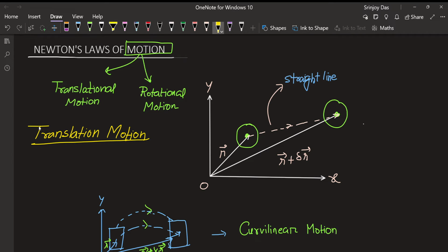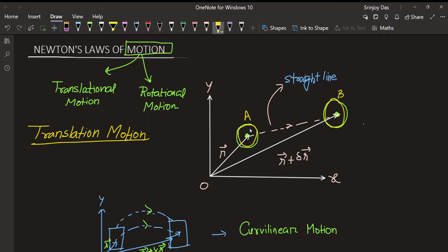So first, we start with the translation motion. Translation motion is when a body is moving in a straight path. Here you can see this is an object, object A, and this is object B, and it is moving in a straight line, with the y-axis and x-axis.